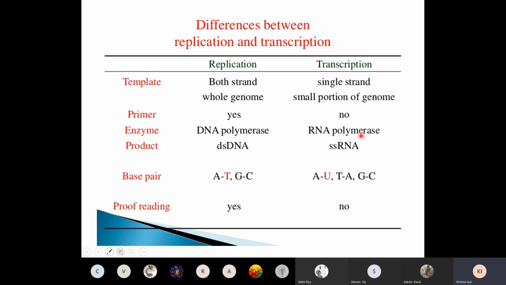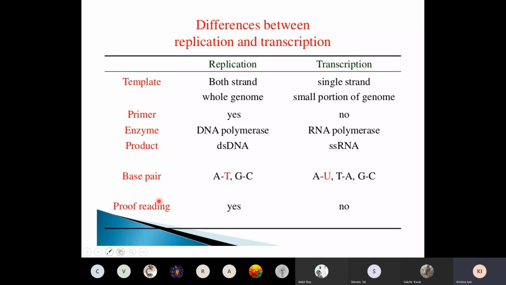It doesn't require a primer. So it doesn't need a strand already there to which it will add. It can actually de novo initiate strand synthesis. Okay, so it doesn't need to add on to something. It can begin. Okay, in replication, remember there was a little primase which put an RNA primer. That small part of replication process is very similar to transcription in a sense.